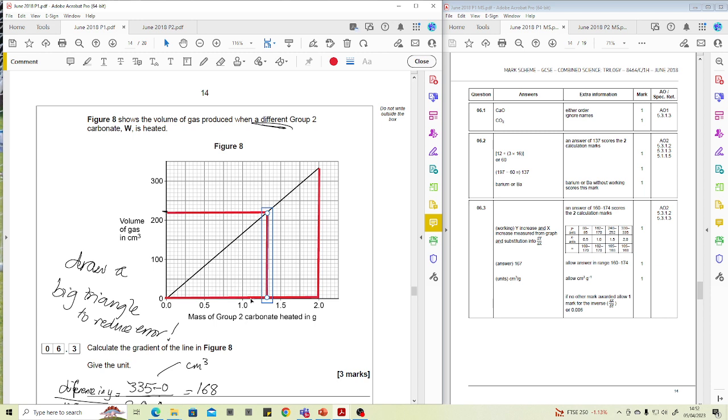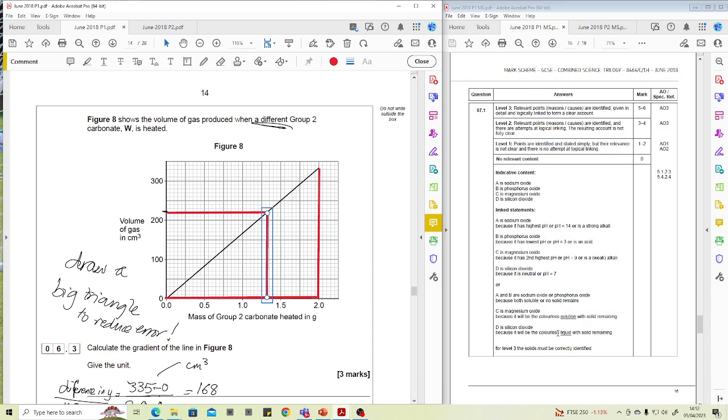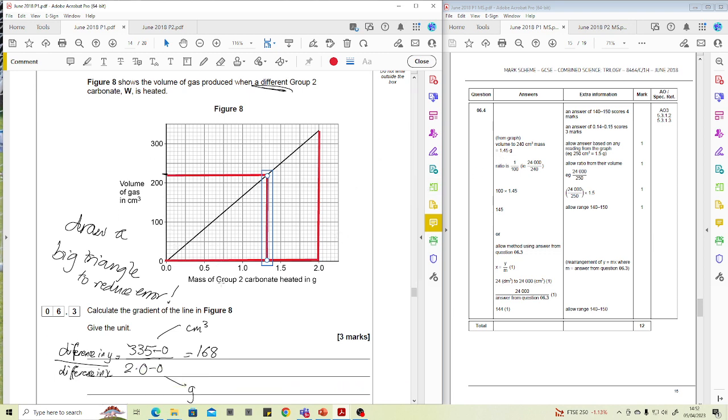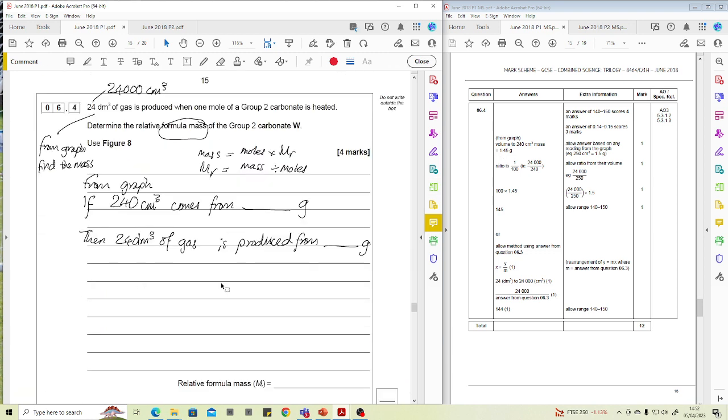Okay, so I think that reads 1.1, 1.2, 1.3, 1.35 maybe. It's saying 1.45 here, so I'm just going to go with that. 1.45 grams from the mark scheme because my line is just a bit rubbish. So that comes from 1.45 grams.